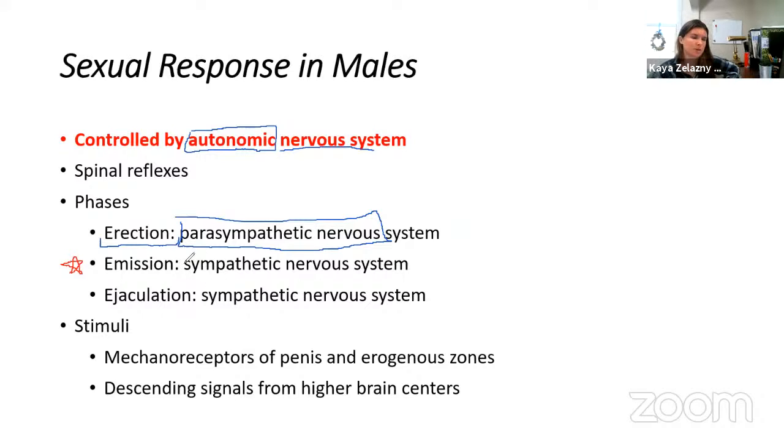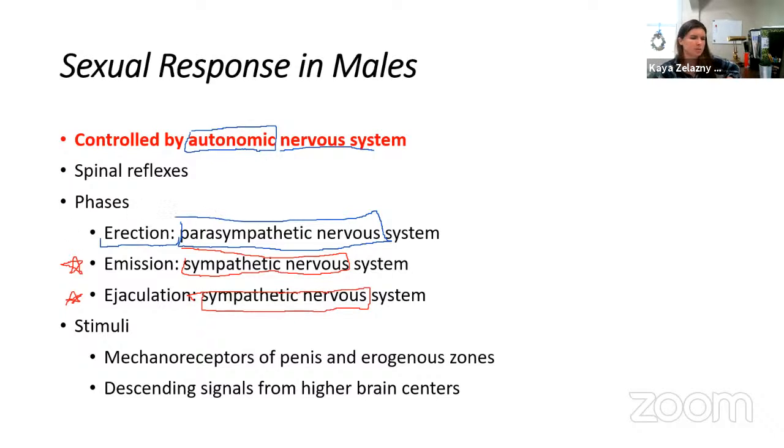This is going to be controlled by the sympathetic nervous system. And then we have ejaculation, which differs from emission in that ejaculation is the actual release of the semen to the outside environment, but it's also controlled by the sympathetic nervous system. So the only one that's parasympathetic really is the initial response, the initial erection.